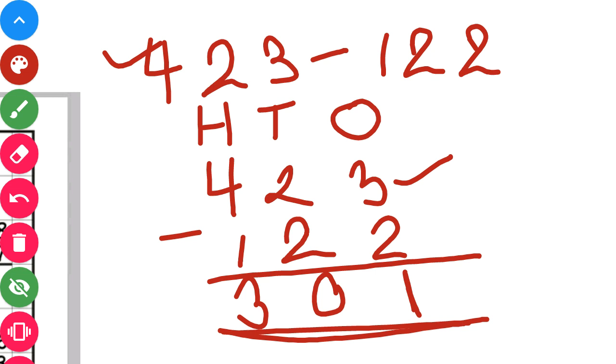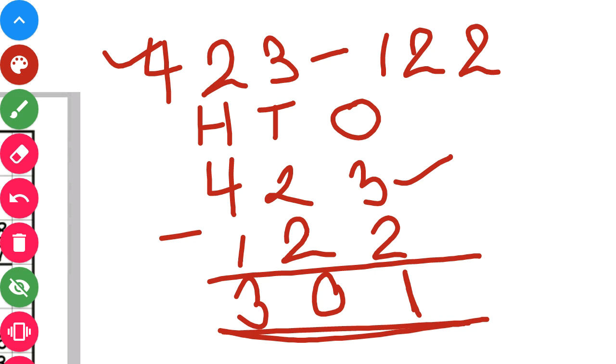Now tell me, which number here is the minuend, which number is the subtrahend, and what is the difference? I have just told you that the greater number is the minuend.